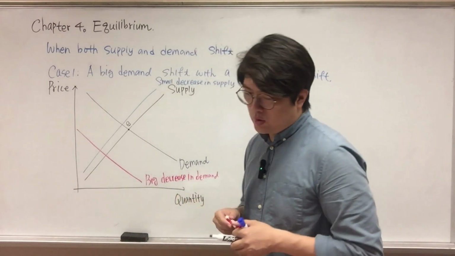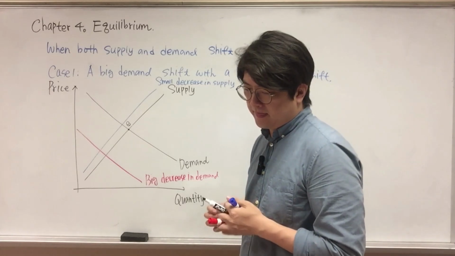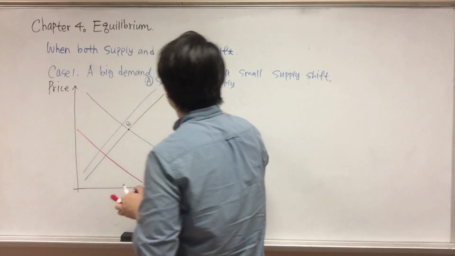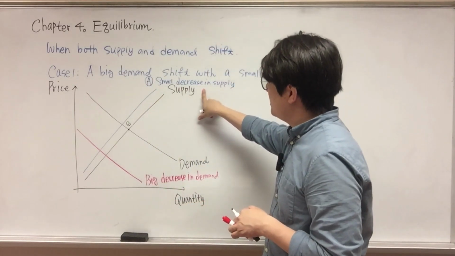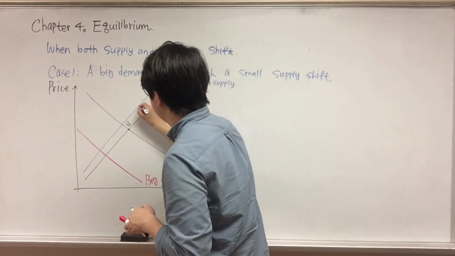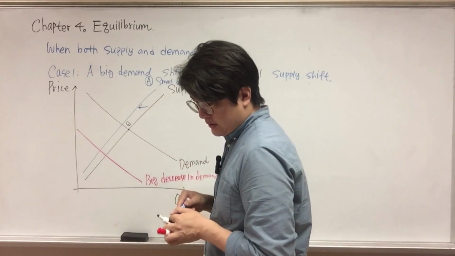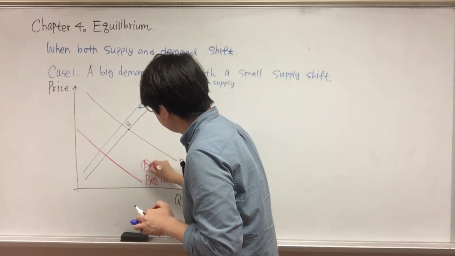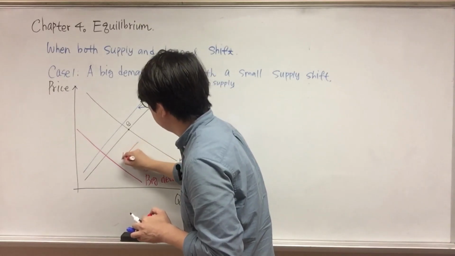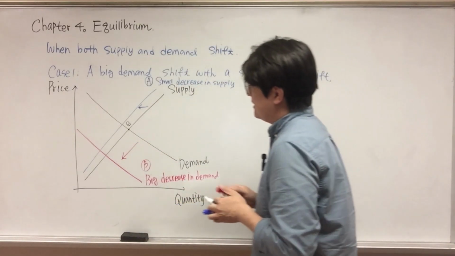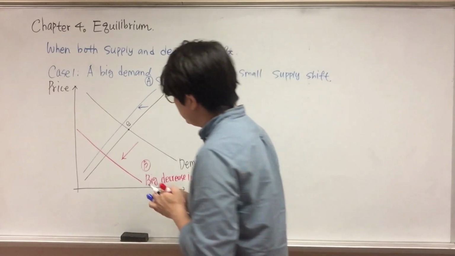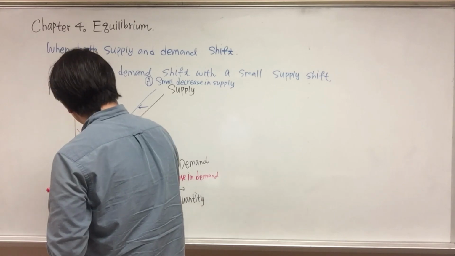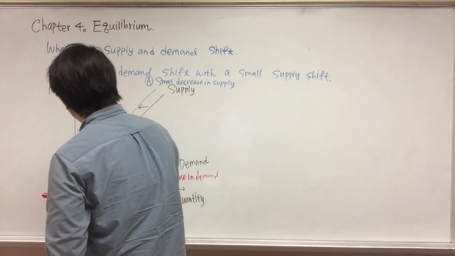Okay, so where is the new equilibrium point? Let me label it A. First, we have a small decrease in supply. The supply curve should go left, right? After that, we have a big decrease in demand. So the demand curve should go left, right? And at the same time, we have a new equilibrium point here.